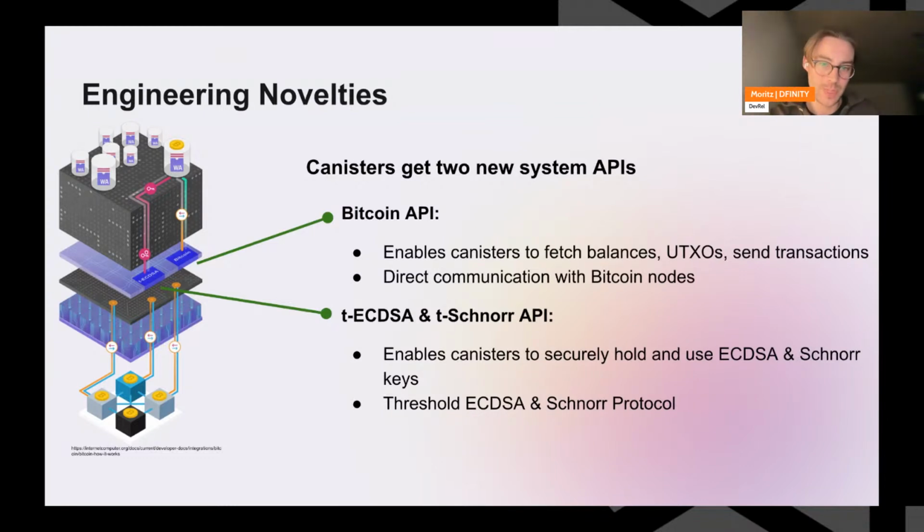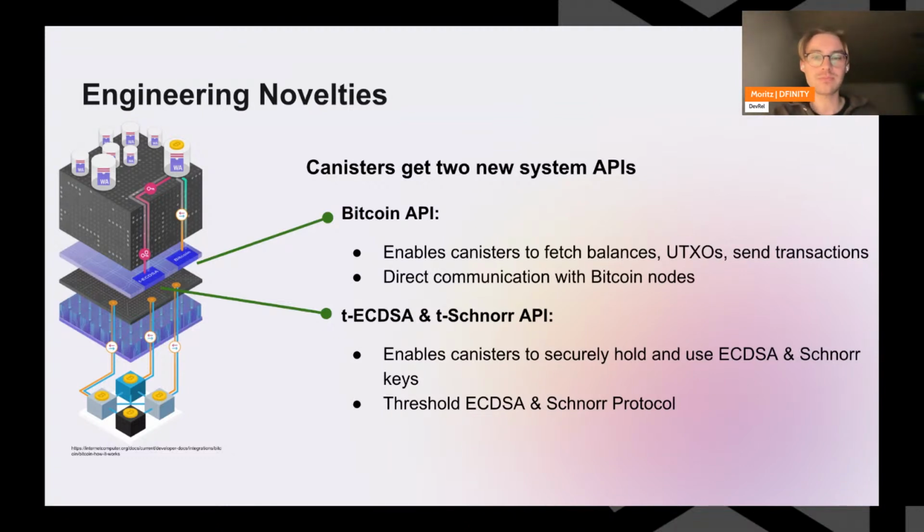And that integration allows canisters, so smart contracts on the Internet Computer, to, for example, fetch balances for Bitcoin addresses, get block headers, get the UTXOs that belong to an address, and also to send a signed transaction to the Bitcoin network. We will look at this in a little bit.